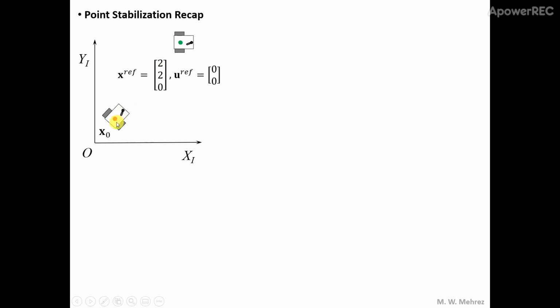We would like our robot to move 2 meters in x, 2 meters in y, and stabilize its orientation to 0 radians. So this vector is actually our xref vector. What about uref? uref is the control action that would stabilize the system there. If we'd like our robot to be there, we simply set its speed to zero, right?